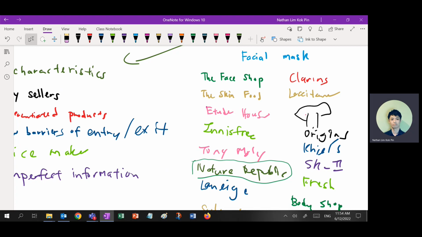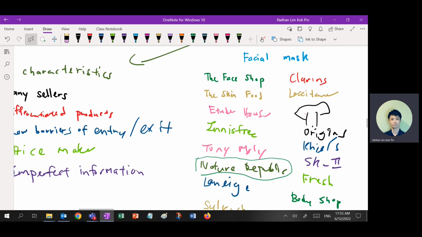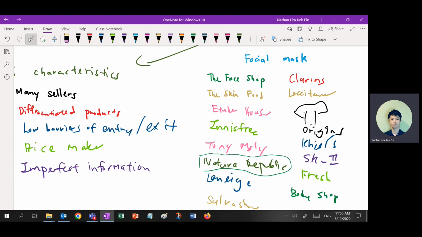What did you see? 4 ringgit, 100 ringgit. Different price, right? Different price means they're price makers. Not the same price. Only perfect competition has the same price, price taker. This one is price maker.